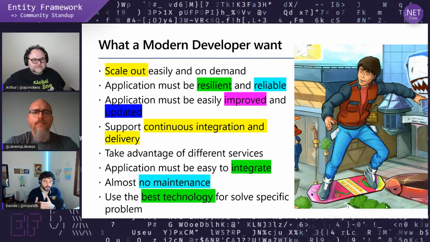So all modern applications need to be able to scale out. Resiliency and reliability is something that, again, developers want by definition, especially since you are in the cloud. And you are used to having your application resilient and automatically restarting, all this kind of stuff. Another important thing we noticed is that people want to be able to quickly improve, update and evolve their application, using a very agile approach. And so definitely CI/CD is mandatory, right?